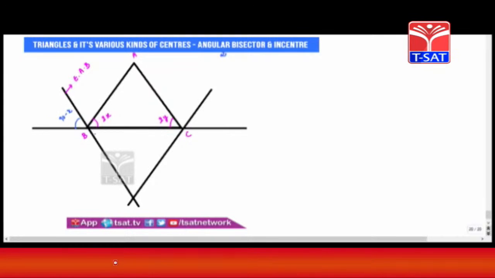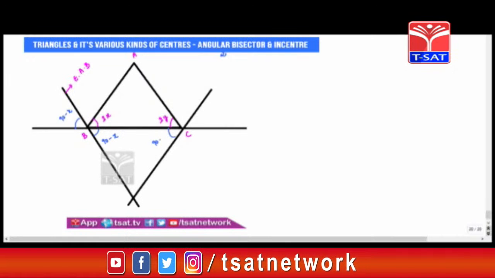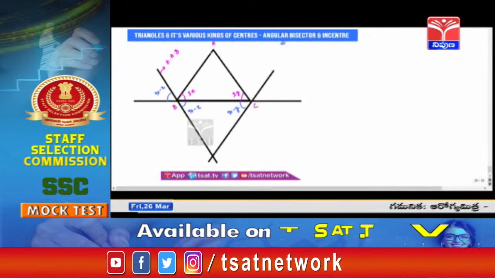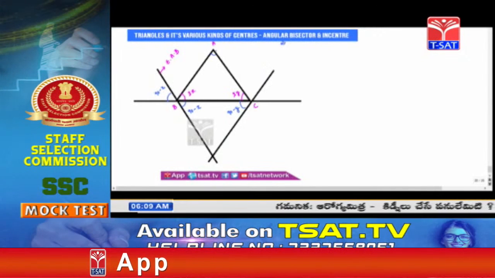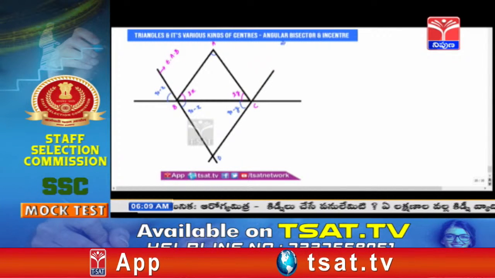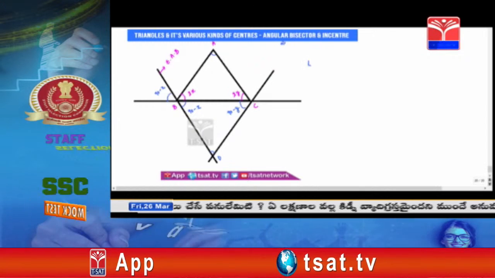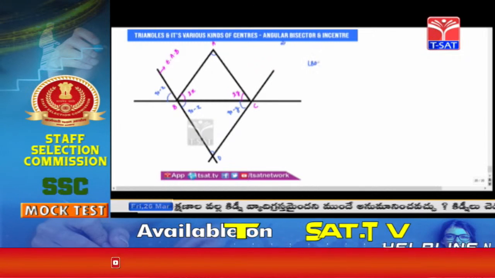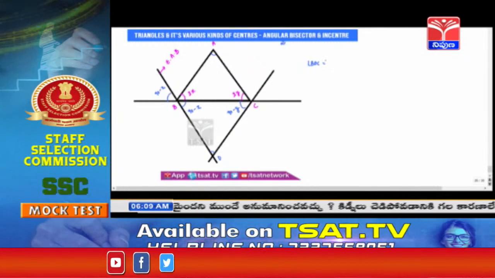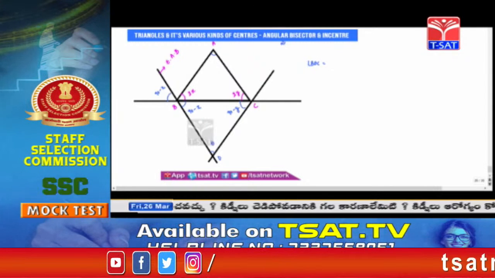We know vertically opposite angles are equal. Therefore, this becomes 90 minus x. This becomes 90 minus y. This is angle A. We just need to find out angle BDC, where two external angular bisectors meet. Let this be theta again.